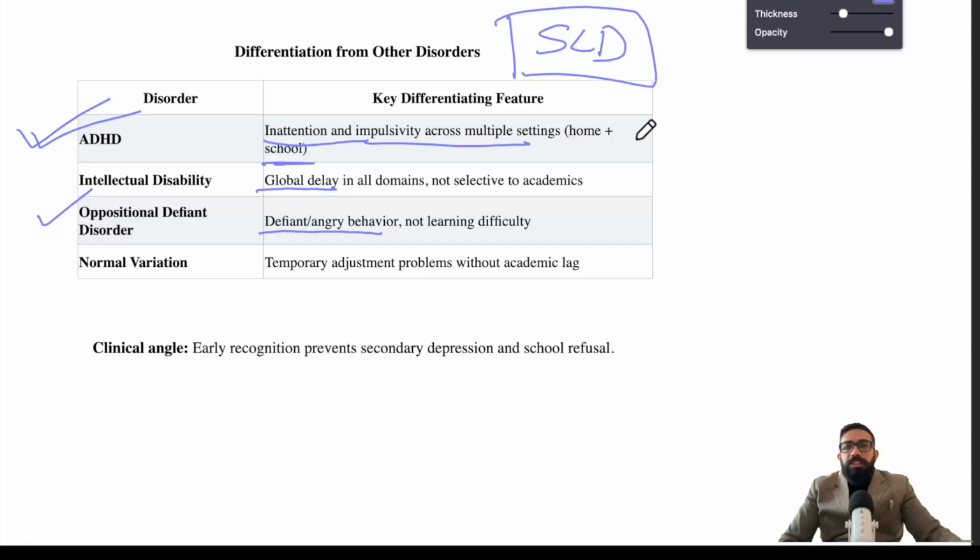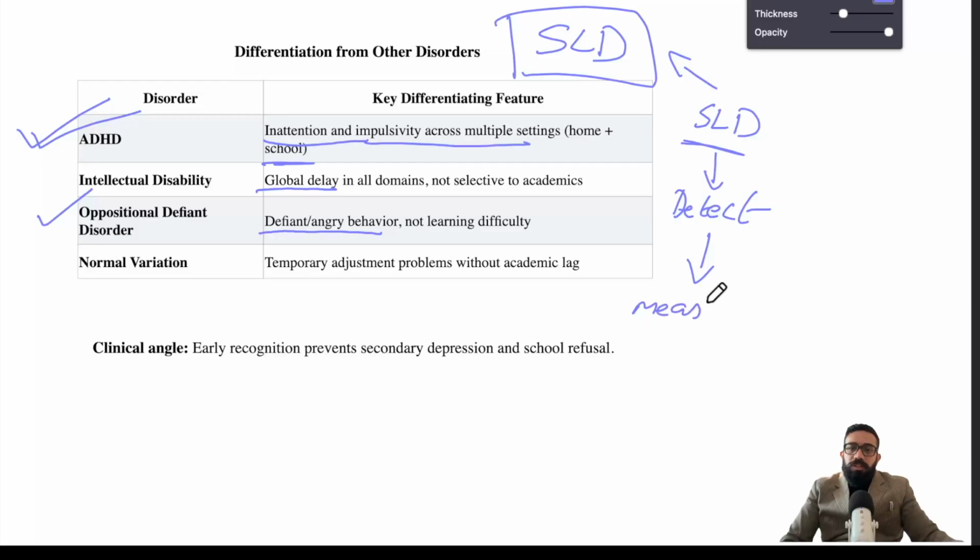Now why do the USMLE or the NBME test this topic? Why is it important for a doctor to learn this? Because the children with SLD, if you don't detect it, you don't do special measures, special teachings, then these people are prone to depression and other mental illness, and they are prone to school dropouts.